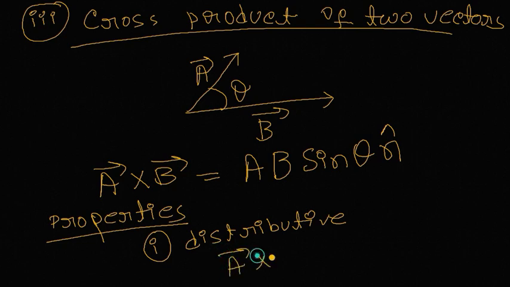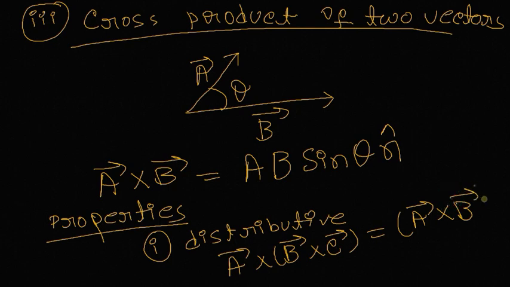That means A cross (B plus C) equals A cross B plus A cross C. It means distributive. It means A cross (B plus C) equal to A cross B plus A cross C.